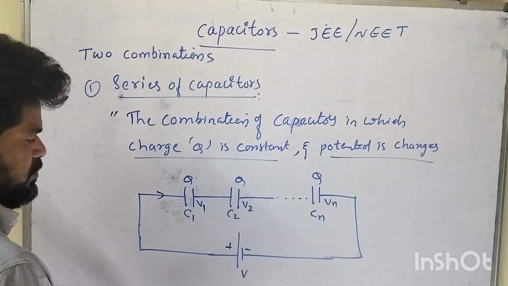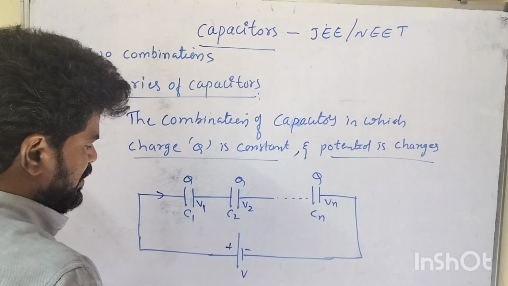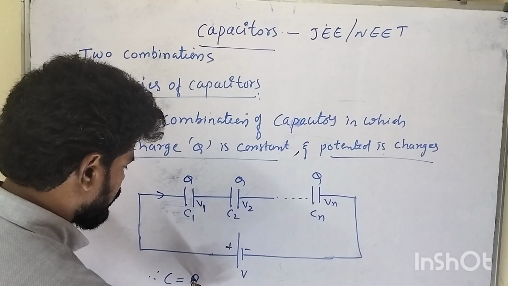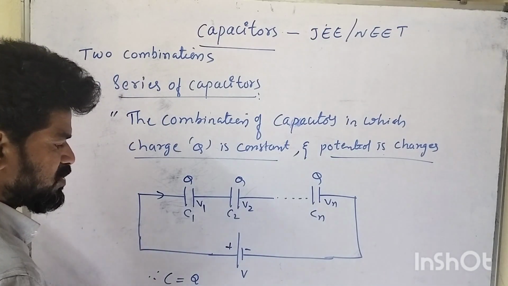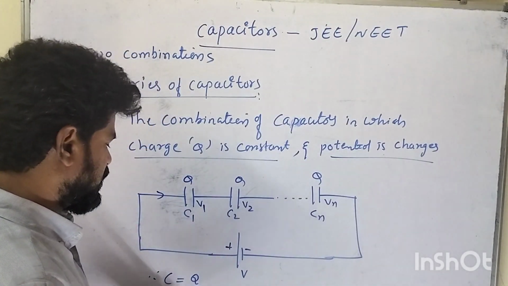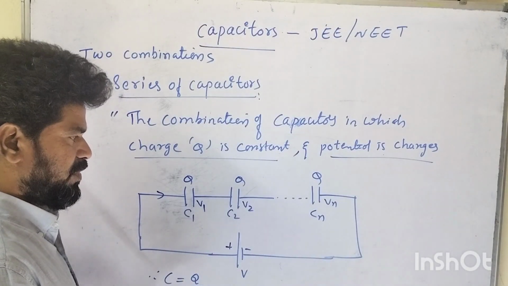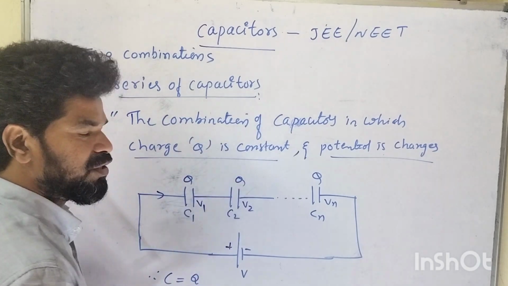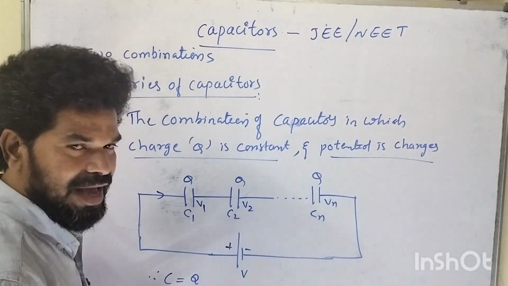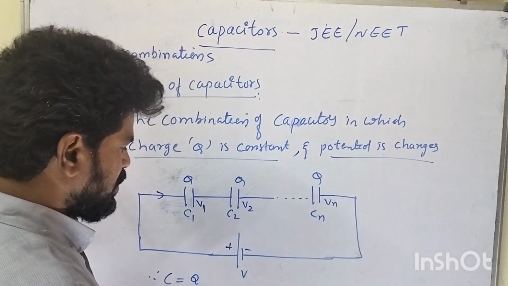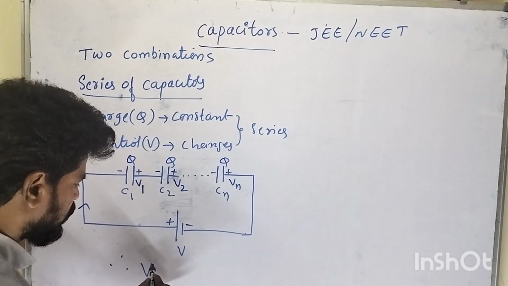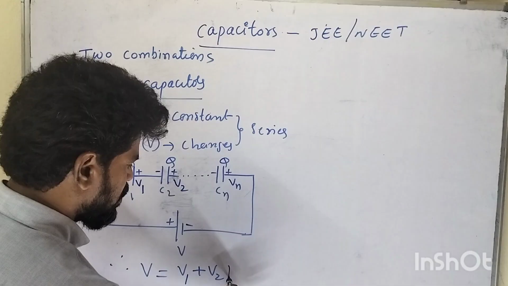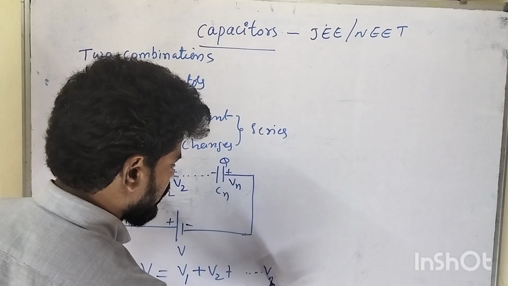We know the formula for capacitance: C equals Q by V. This is the expression for capacitance. Now this entire series combination is taken as a single circuit, where the total potential V is divided as V1 plus V2 plus V3 and so on up to Vn.